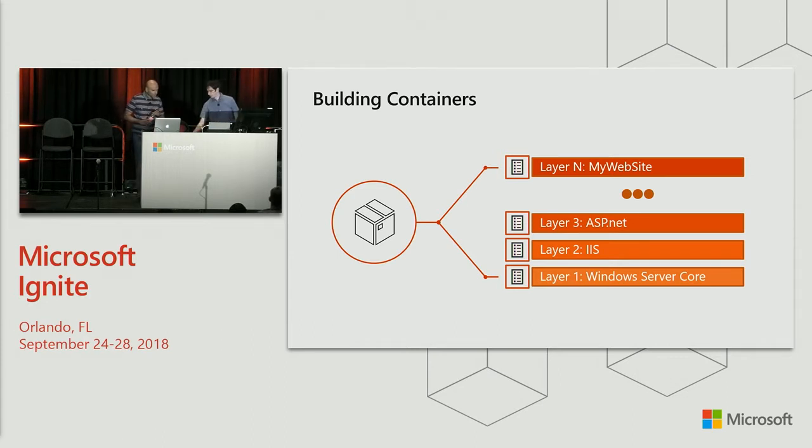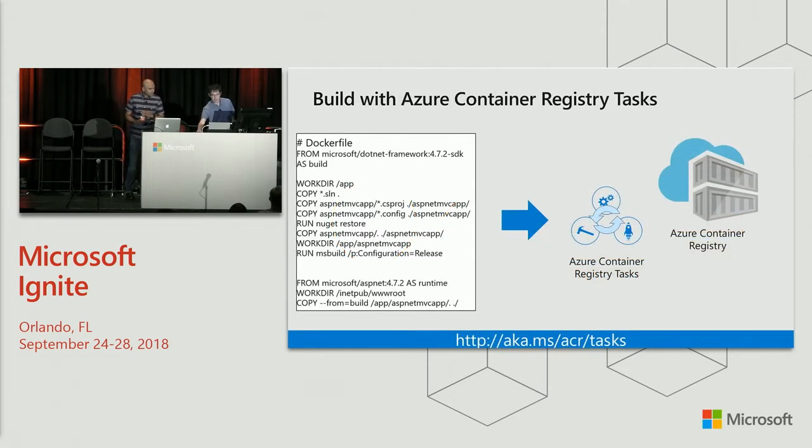One of the new tools that we have available for that is Azure Container Registry tasks. With that, you can either launch a build from any machine that you already have, or you can set up a webhook to your repo so that whenever something changes, it will automatically rebuild the container for you.